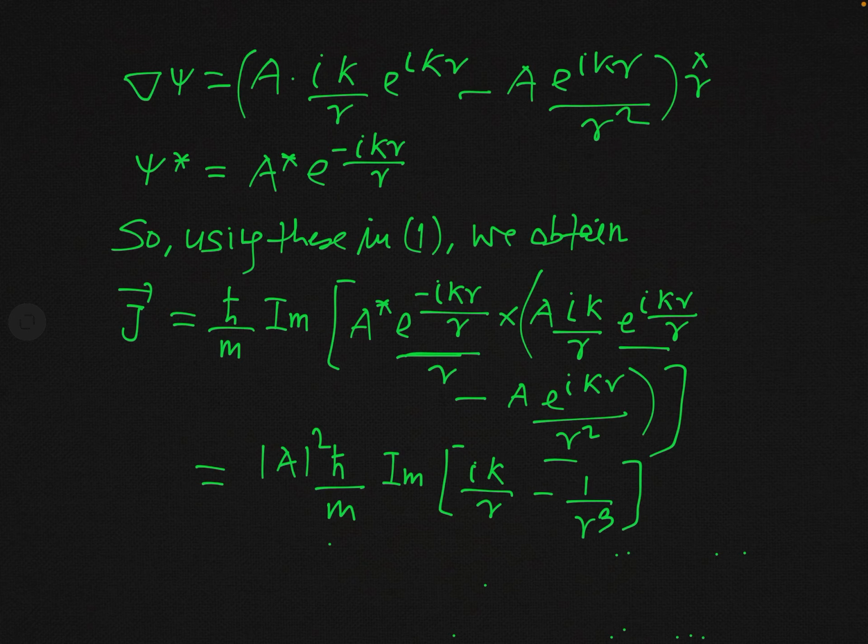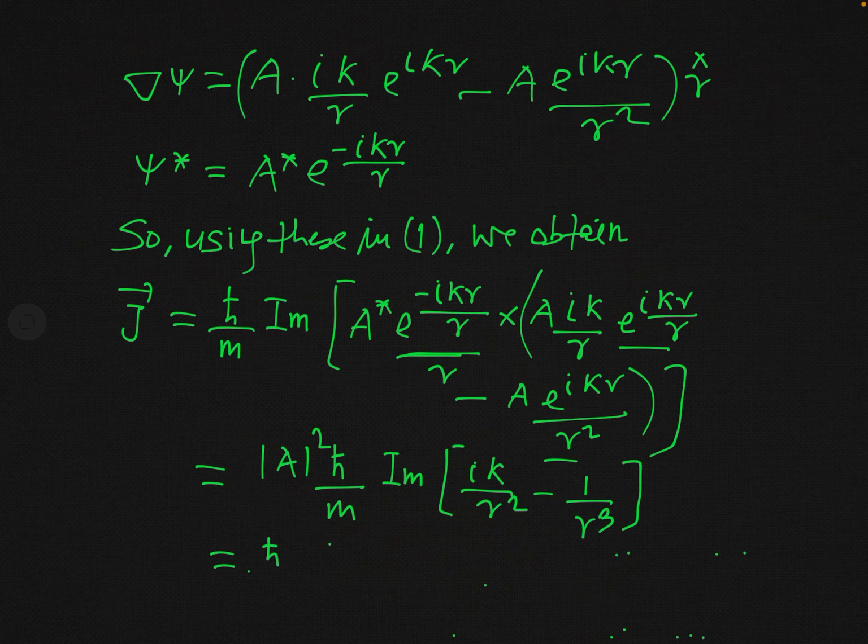And so when we take only the imaginary part of the term inside this square bracket, this is simply k over r square.